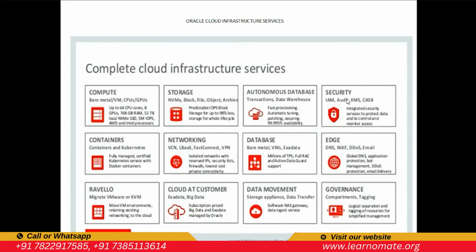And when you talk about security, they give us IAM, audit, key management service, and so on. When you talk about containers, they provide Docker containers and Kubernetes containers. And networking: VCN, load balancing as a service, FastConnect, VPN. And database: bare metal, VMs, Exadata. And edge services: DNS, WAF, DDoS, email.